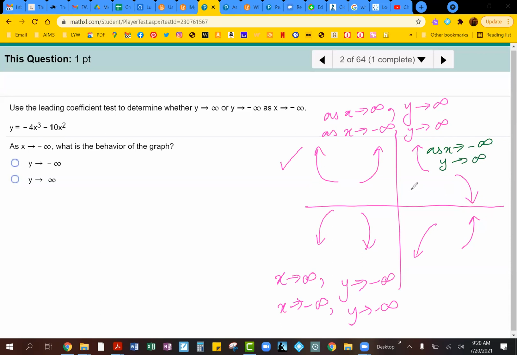And this one will say as x goes to positive infinity, y goes to negative infinity. And this one will change: x is going to negative, y goes to negative; x is going to positive, y goes to positive. So what kind of behavior will this function have over here?